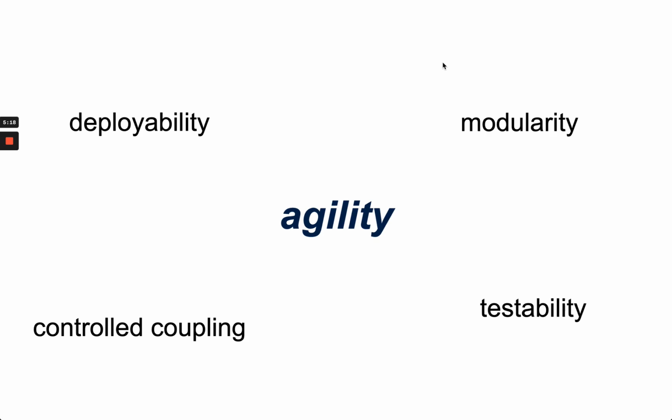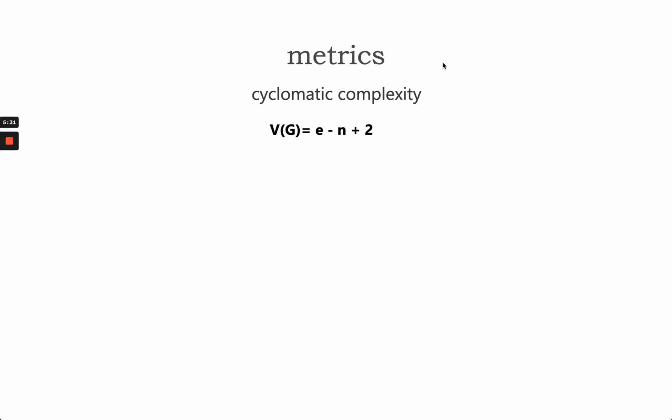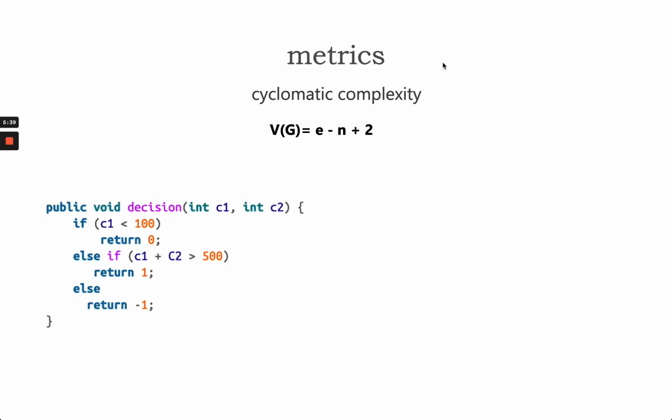So let's talk about a few ways to measure and describe some of these coupling things that are quite useful here, and some actual metrics that are useful to us as architects, and some terminology as well. So this is probably one that you're familiar with, cyclomatic complexity, which works for pretty much any structured programming language. This is a metric that Thomas McCabe created back in the early days of structured programming.